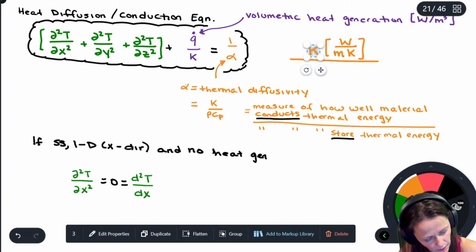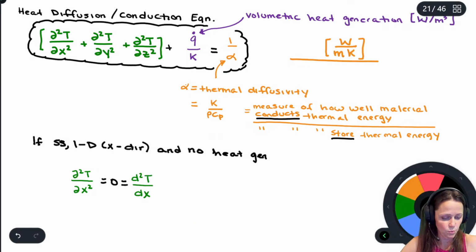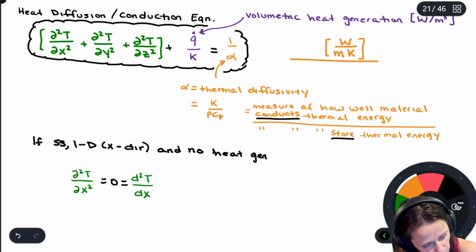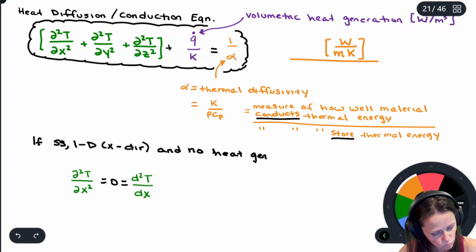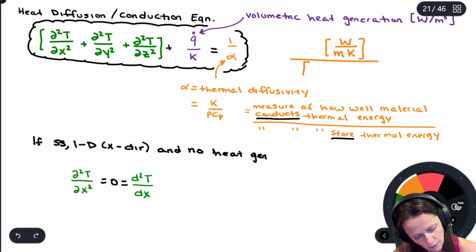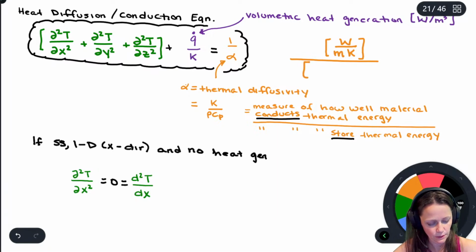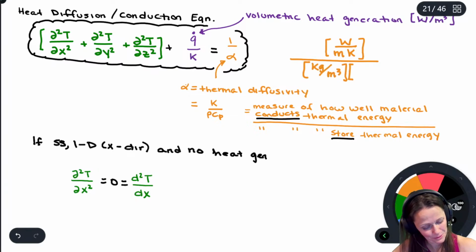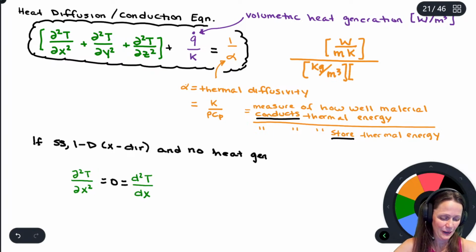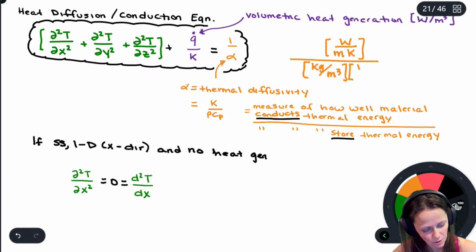And then we've got rho, which would be in kilograms per meter cubed.